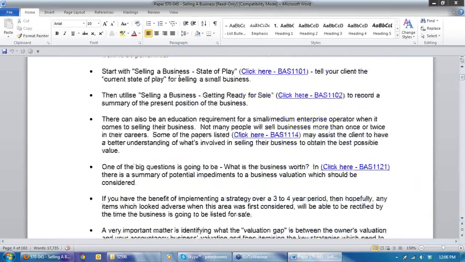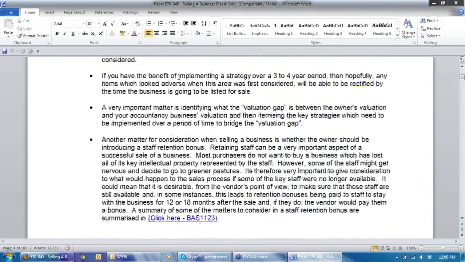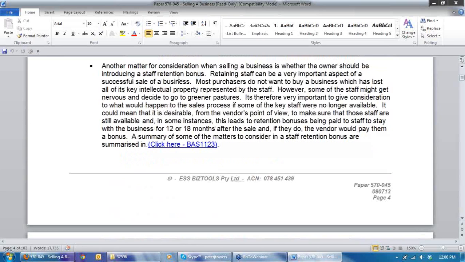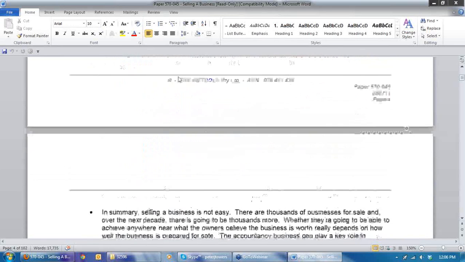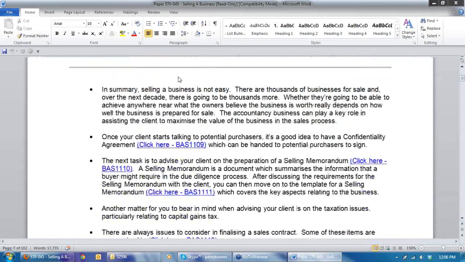So you can see there's linkages from the various material within this paper. It's going to the forms and in some cases other papers within ESS BIZTOOLS, so that you have a sound technical approach to undertaking a sale of business assignment.